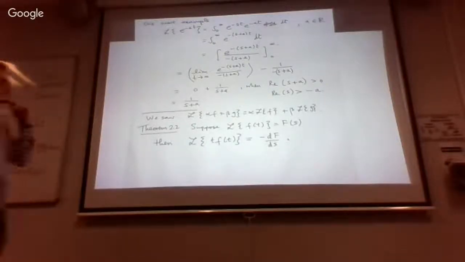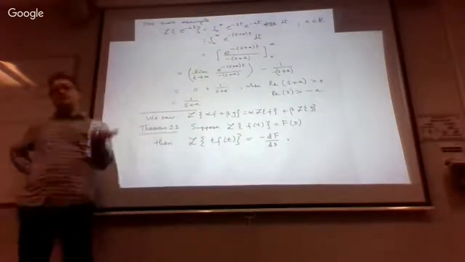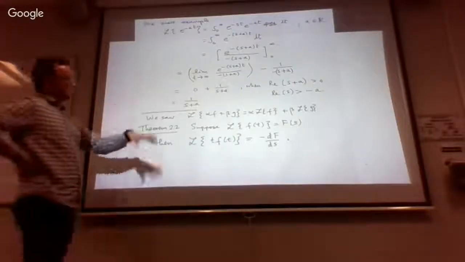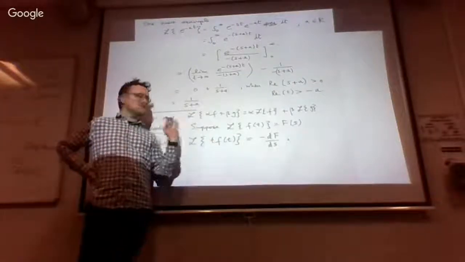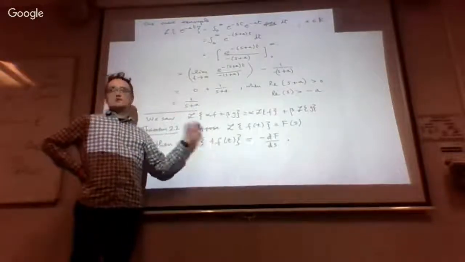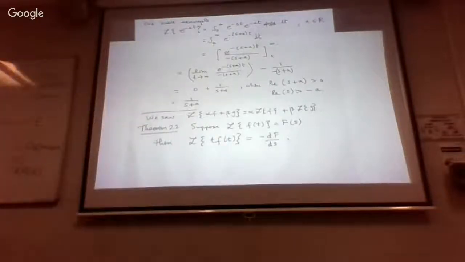So once we know this theorem, I don't have to do another calculation to know what the Laplace transform of t squared is, or yet another integral to get the Laplace transform of t cubed, etc. Because I can generate t squared and t cubed, etc., just by multiplying t by extra copies of t.